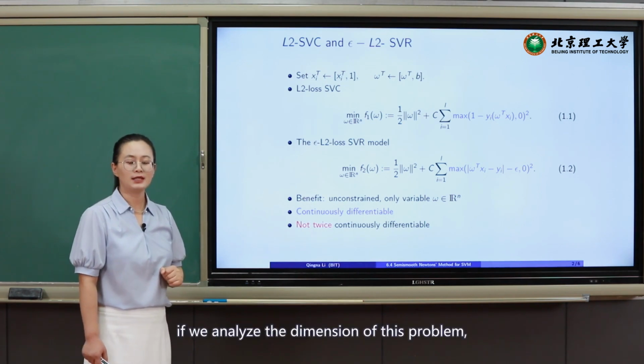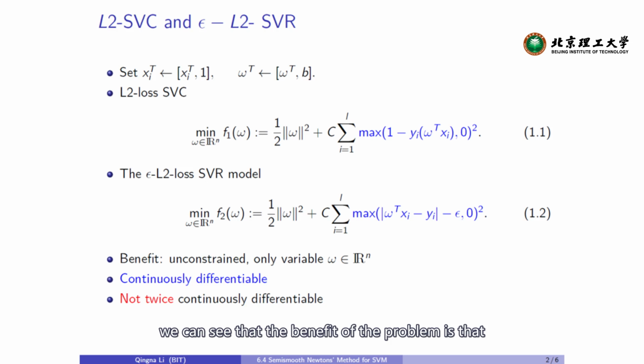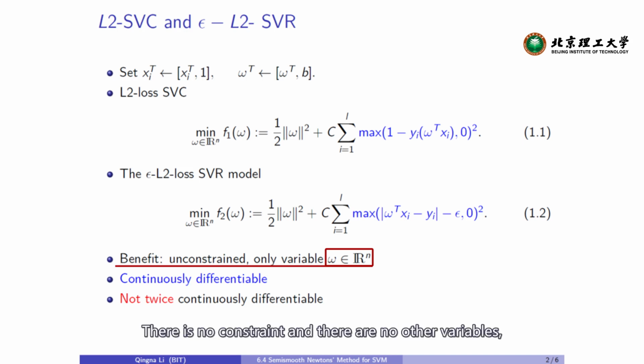Actually, if we analyze this problem, we can see that the benefit is that it is unconstrained, and there is only one variable omega in this problem. There is no constraint and there are no other variables. So it is a very neat form of the problem.